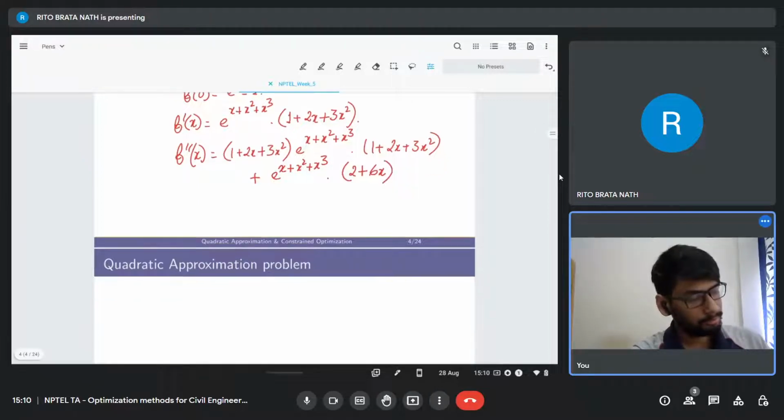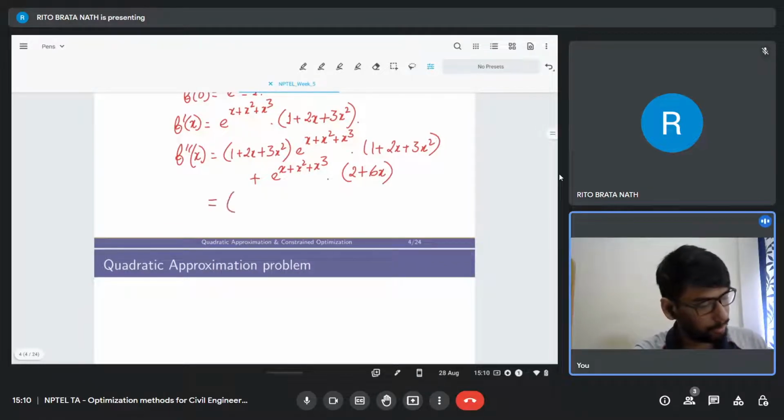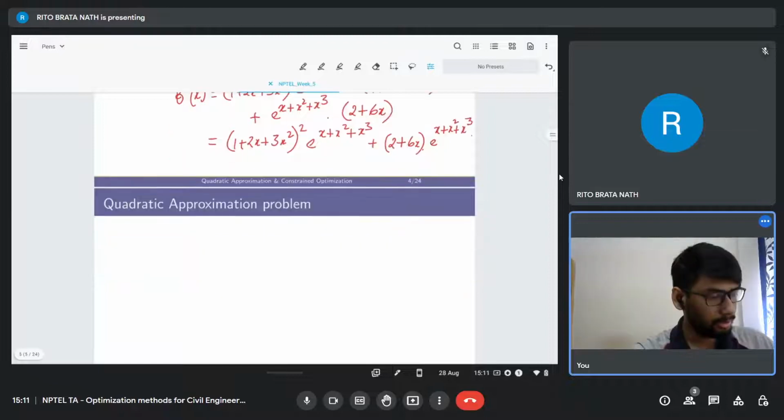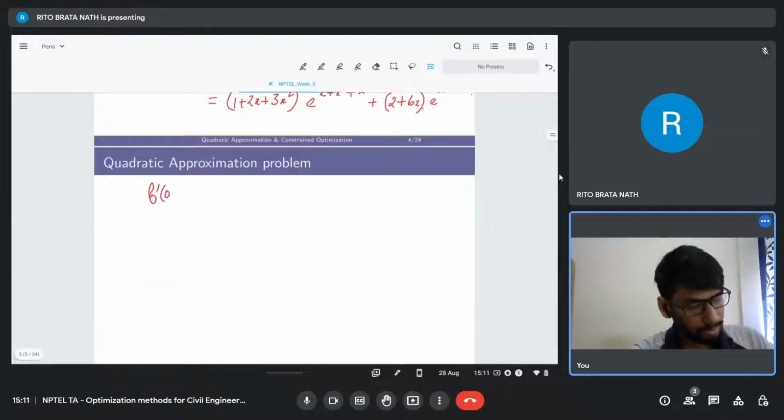So if you rearrange and write it down, you will probably get (1 plus 2x plus 3x squared) whole squared times e to the power x plus x squared plus x cubed, plus (2 plus 6x) times e to the power x plus x squared plus x cubed. Now what we have to do is find f prime of 0 and f double prime of 0. Those two you have to find out. So let's see how we can find that out.